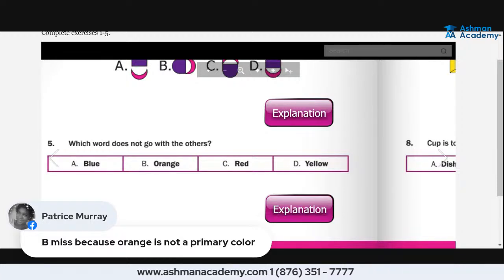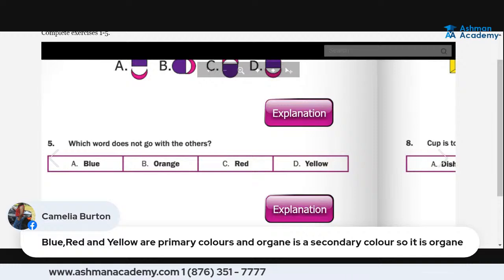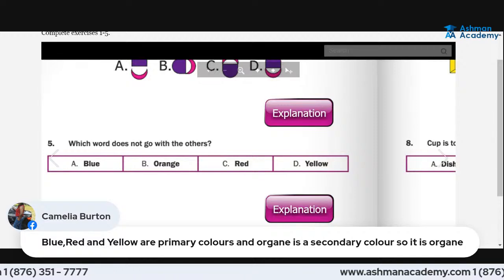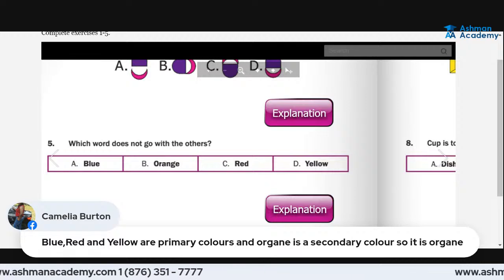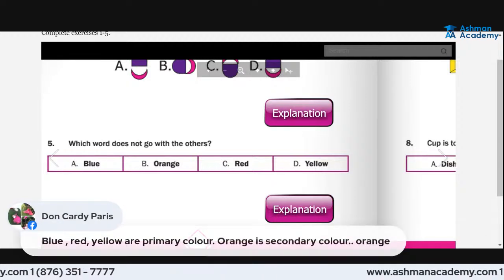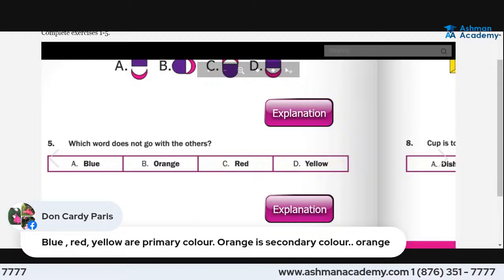Okay. Camelia is giving a nice explanation. Blue, red, and yellow are primary colors, and orange is not spelled correctly, so you want to work on that. Orange is a secondary color, so it's orange. Don Cardi is giving a nice answer as well.